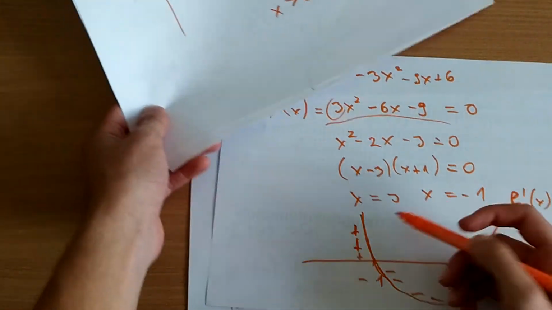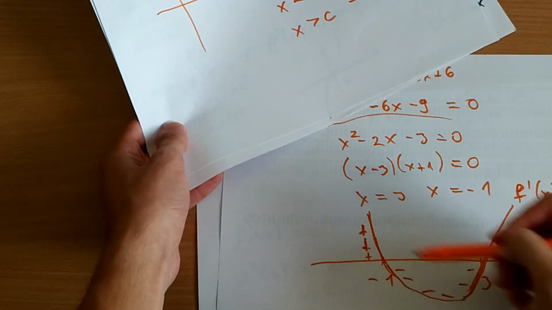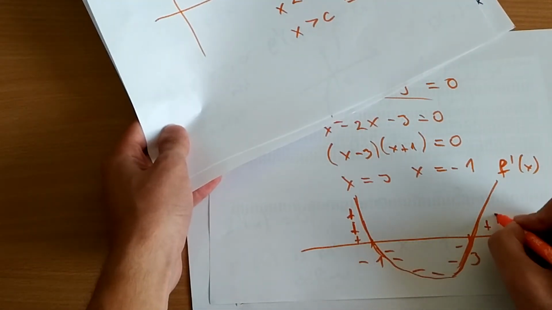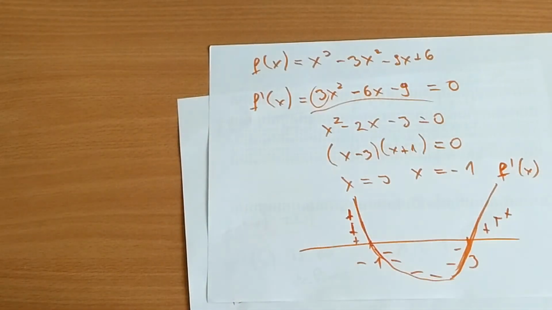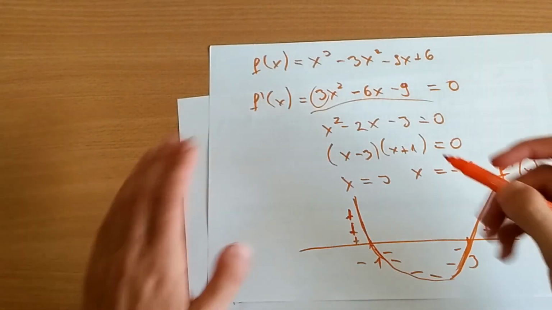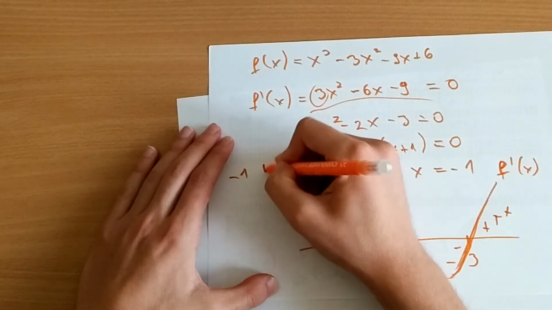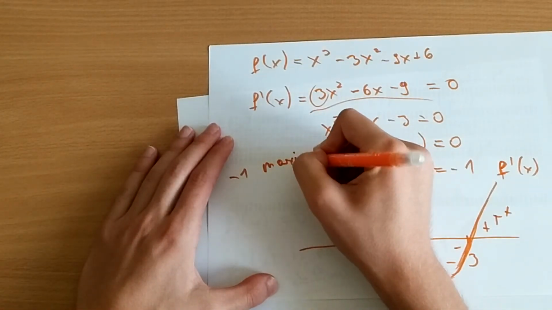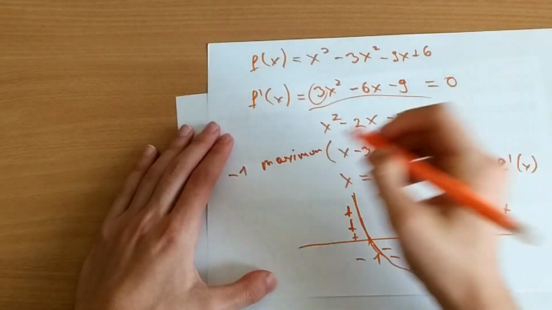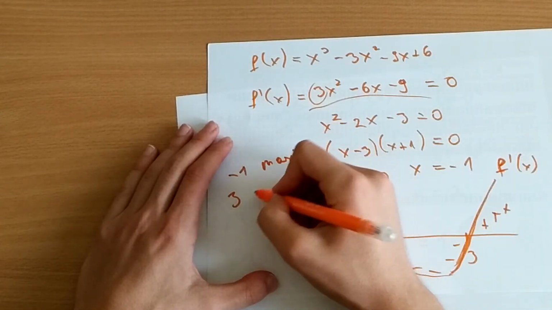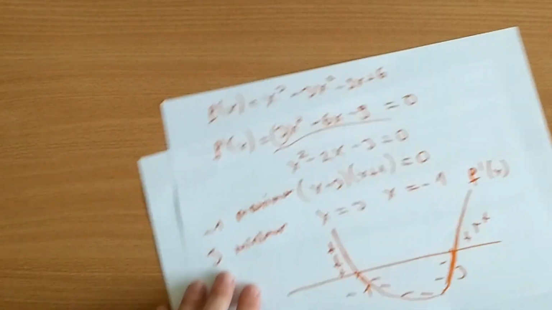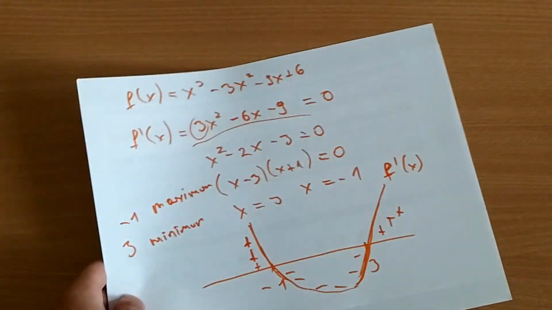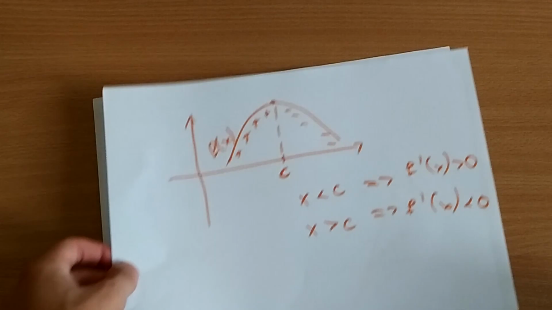And here we can see the same thing at the other point: on this part of the function, the derivative goes from negative to positive, so this is a minimum point. So minus 1 is a local maximum point, and 3 is a local minimum point, according to the definitions that we have just provided.